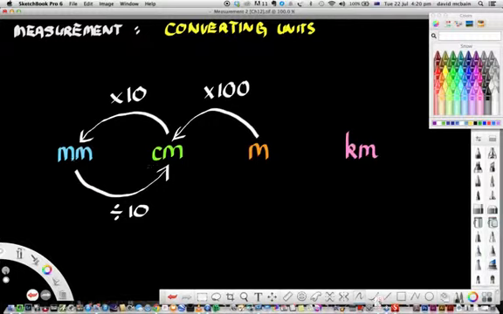So 200 divided by 10 is 20. So 200 millimeters is the same as 20 centimeters. And completing this arrow, if we go from centimeters to meters, over here you can probably guess we need to divide by 100.